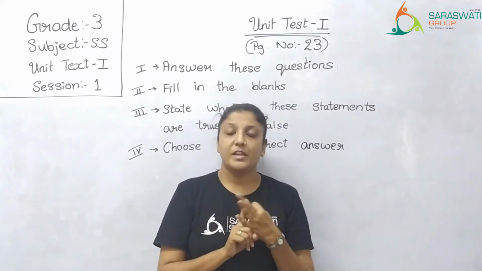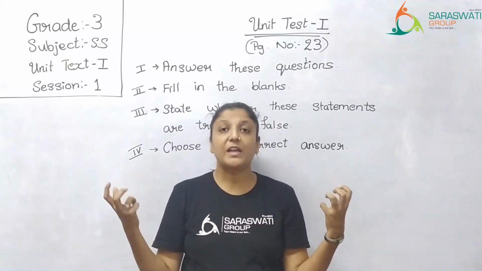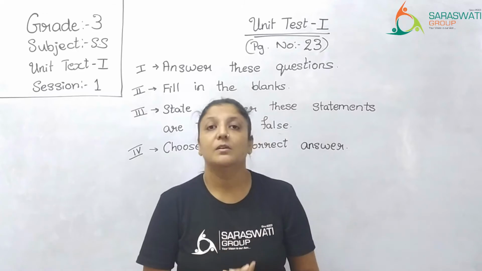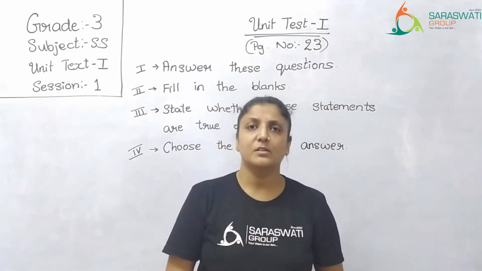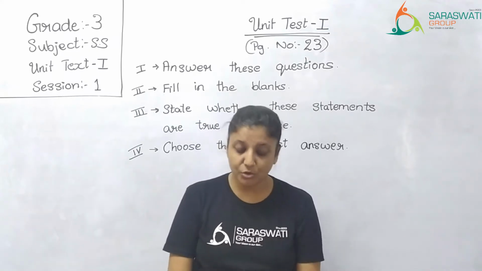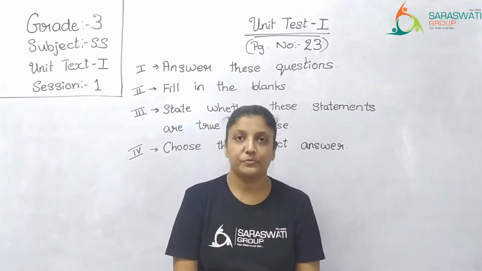Then, yes, you have the smoke released by vehicles in the air. The air gets polluted. Smoke from the factories. There are many reasons. So in this question they have asked you 2 reasons. You can write any 2.